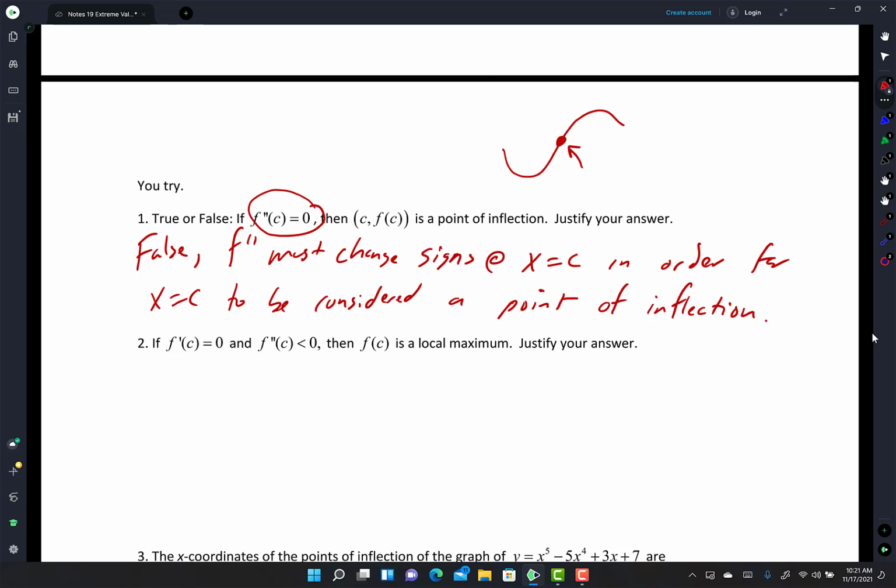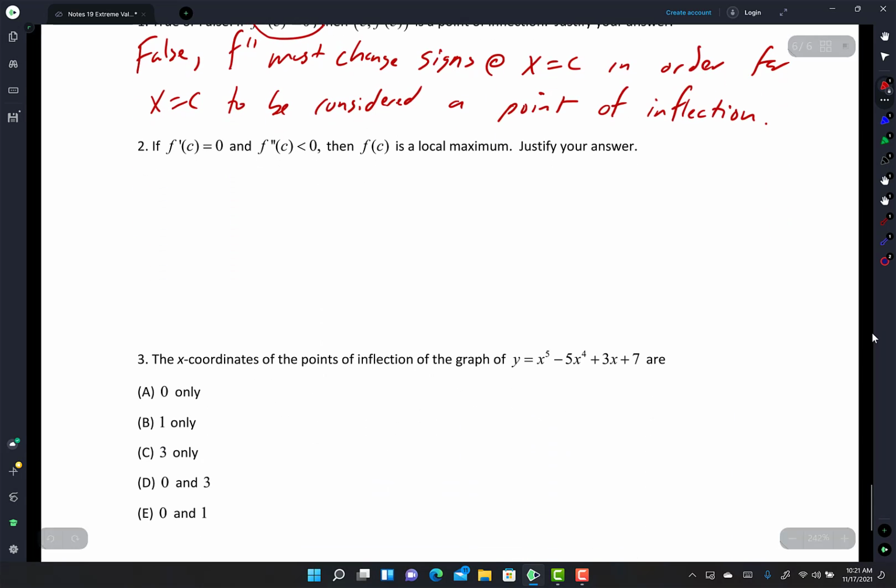Any questions, guys? Let's go to number 2. The derivative is 0, and the second derivative is negative. They're telling me that I have a max. Draw a visual and see what's up.